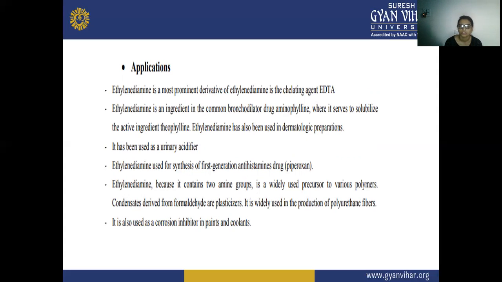It is used for the synthesis of first generation antihistamine drugs, and because it contains two amine groups, it is a widely used precursor to various polymers, condensates with formaldehyde, dyes, and plasticizers. It is widely used in the production of polyurethane fibers, and it is also used as a corrosion inhibitor in paints and coolants.